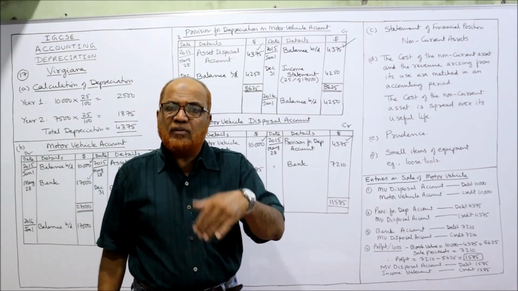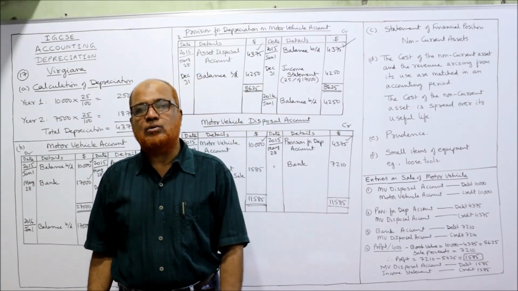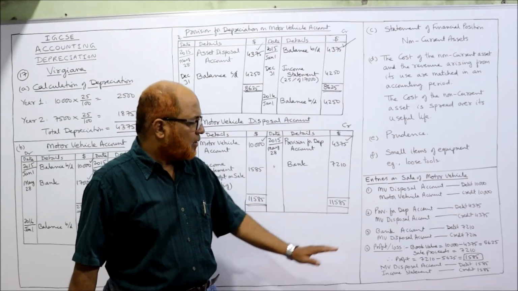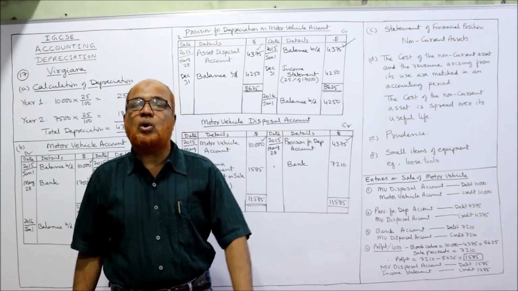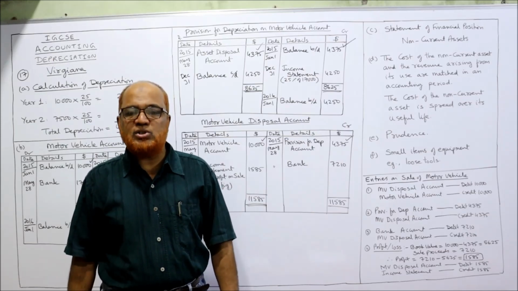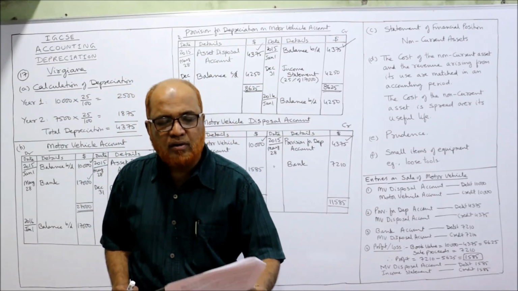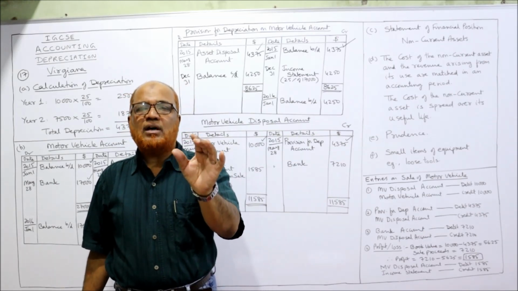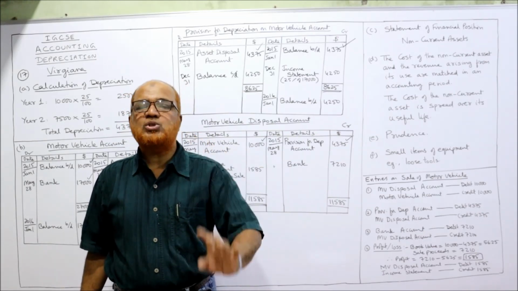The new motor vehicle is purchased for 17,000. A new asset is purchased. Oh, sorry, not new asset, but the old asset was sold away. Motor vehicle was sold for how much? $7,210. The motor vehicle was sold.